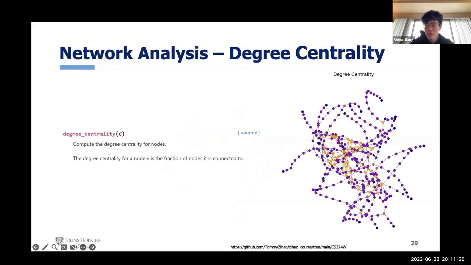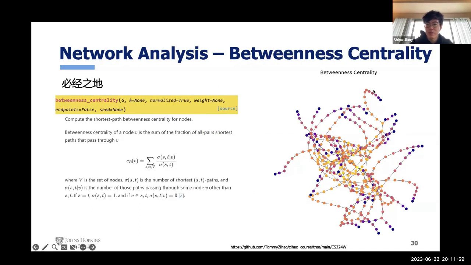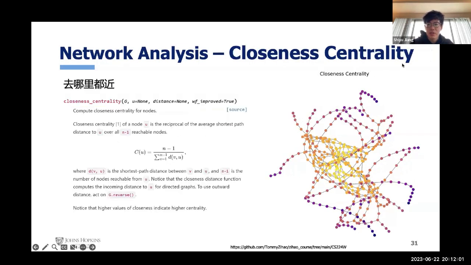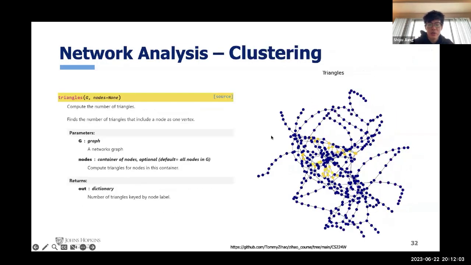Those are the different measures of how to measure importance. We also have betweenness centrality and closeness centrality, and also clustering, which we can use to find communities, or find places that are connecting with each other.